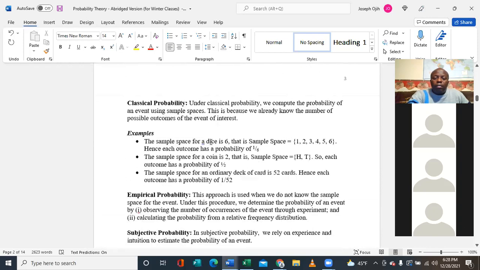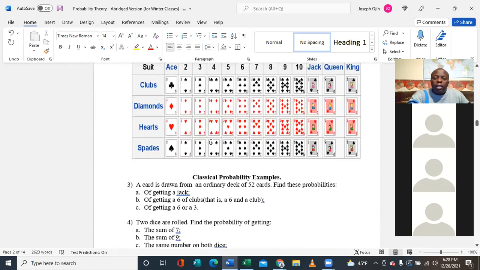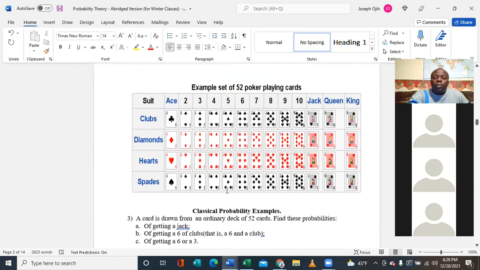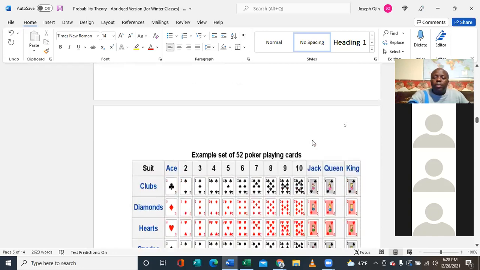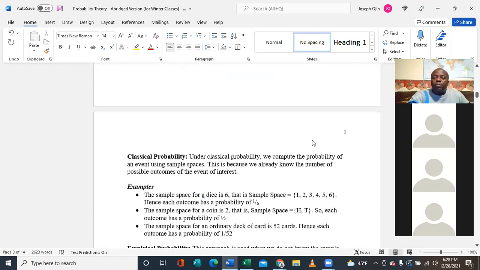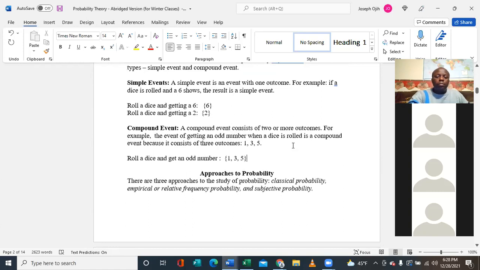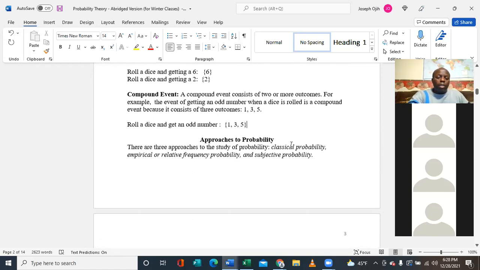For example, all the possible outcomes in a deck of cards is 52 cards. For the days of the week, all the possibilities are 7 days, Monday to Sunday. So that's a sample space. It's different from the type of event. An event can be a simple event or a compound event. Now, any other question before we move on?